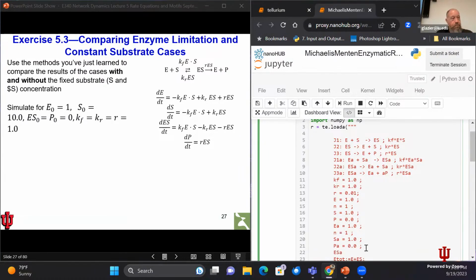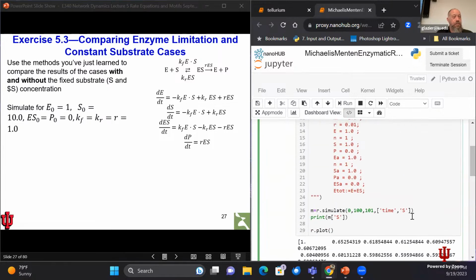This is a new equation, J3A. What do I have wrong? J3A. Yes, yes. AB instead of PA. Oh, thank you. Thank you. Yeah, so that's pretty ugly, but should do it.